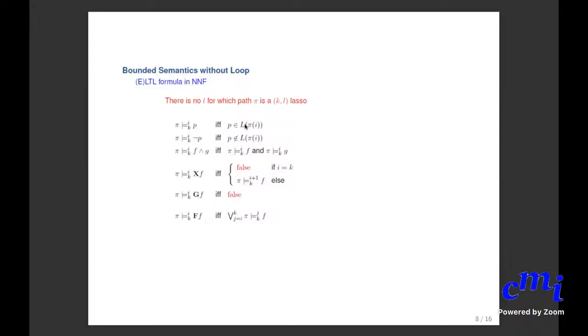So you can see that the bounded semantics for k-long prefixes, finite paths that don't lasso, is an incomplete semantics.